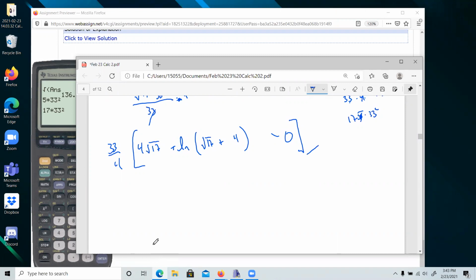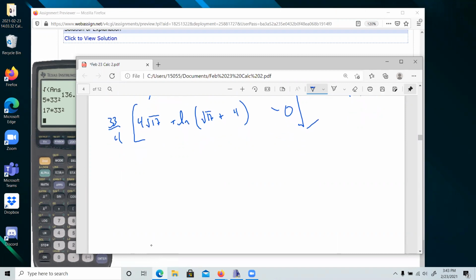It would have been, of course. So 4 root 17 plus natural log, square root of 17 plus 4. And there's nothing you can do with this. You're just done. Okay, so that's the distance that the hawk's prey fell.